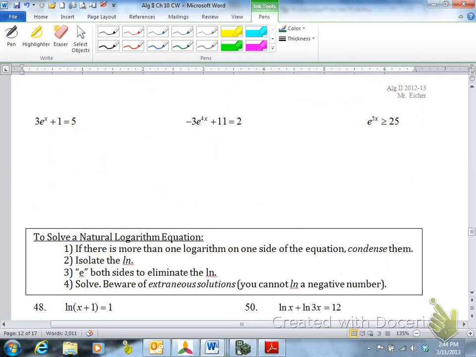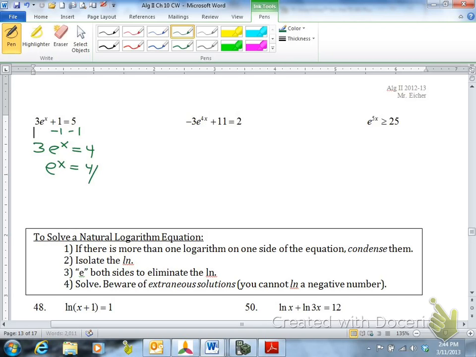So for instance, we have a natural base e. You want to isolate it, so you'll subtract 1 from both sides. So you have 3e to the x equals 4. Divide by 3. So e to the x equals 4/3. And now you don't log, you ln both sides, a natural log. So you have x ln e equals ln 4/3.